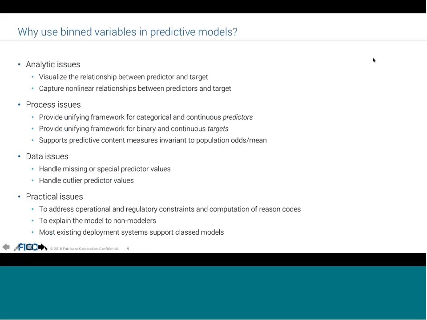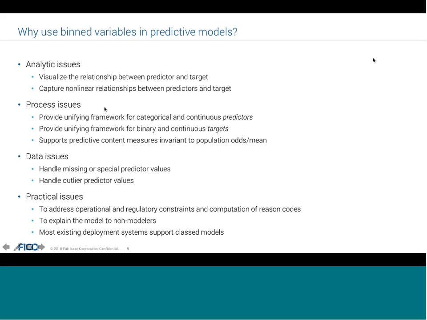Okay, so there are a number of different reasons why we choose the binned variable approach when we're building predictive models. And I'm going to address each of these in the subsequent slide. There are analytic issues, just the ability to visualize the relationship between predictor and target, particularly when we're working with a binary target variable, and how to handle or manage nonlinear relationships between the predictor and the target.